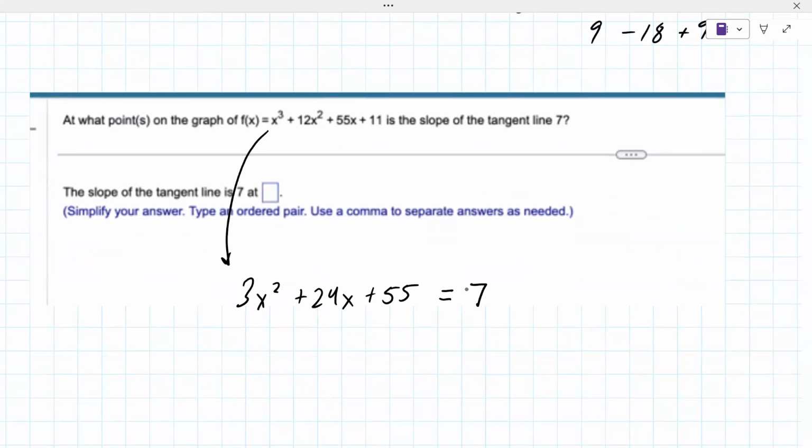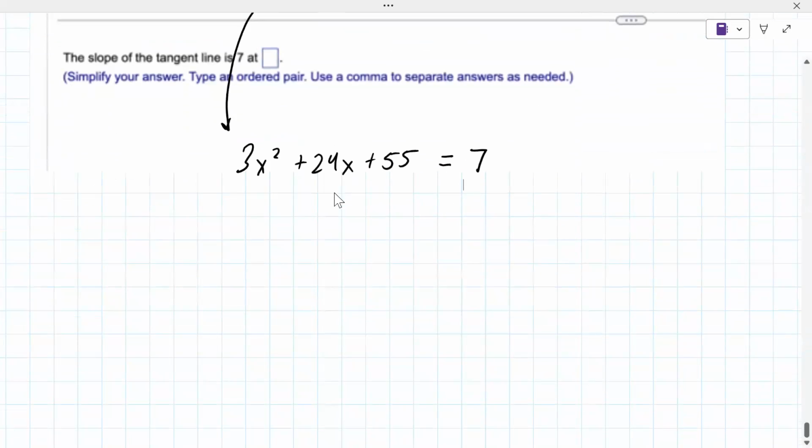Now, let's say on your test you got a problem like this. Your multiple choice answers are going to have some x values that you would then try. You do have to do a little calculus, but then maybe you try it out. Since we don't have the multiple choice answers, we'll have to do it.